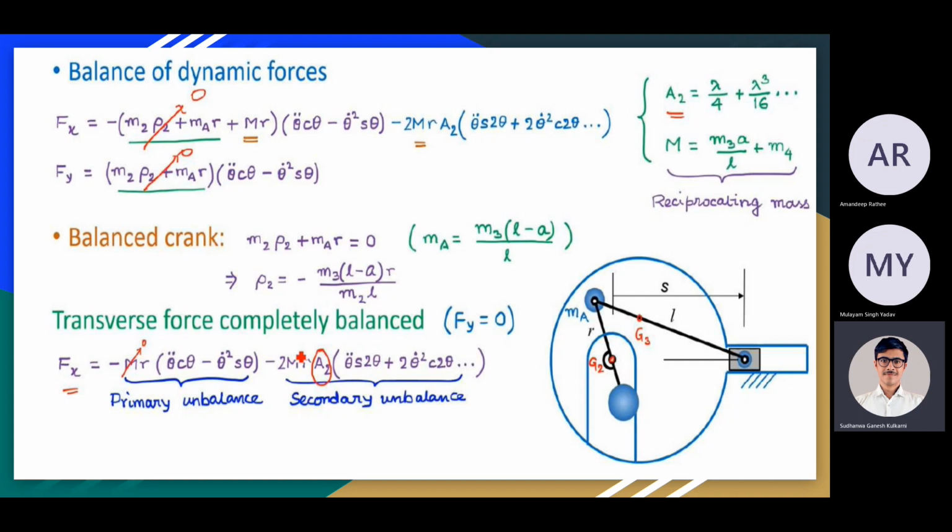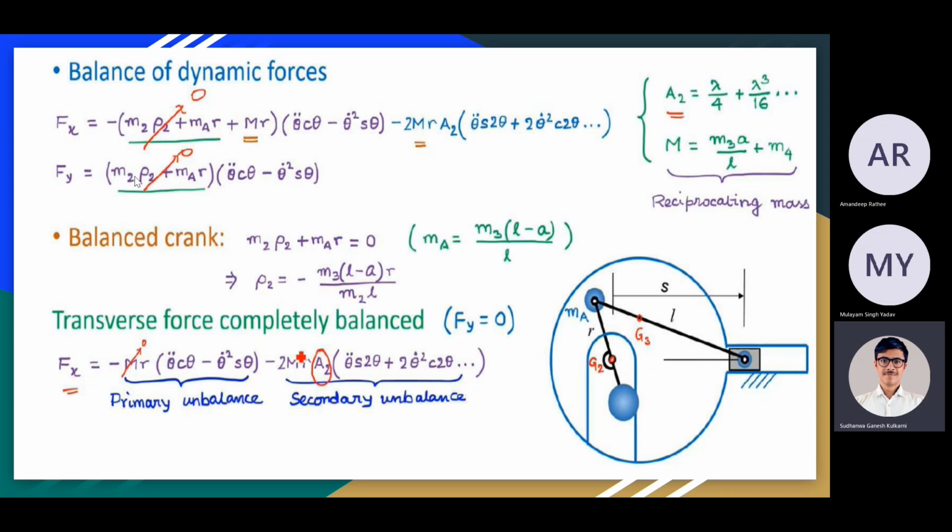Here, as we can see, the first term m2 rho 2 plus ma r plus capital M into r, this term we have to minimize, and we can choose the ρ2 value by connecting the big ball at the other end of apportioned mass ma of the connecting link, such that the ρ2 will be negative, and so that we can minimize the fx and fy.